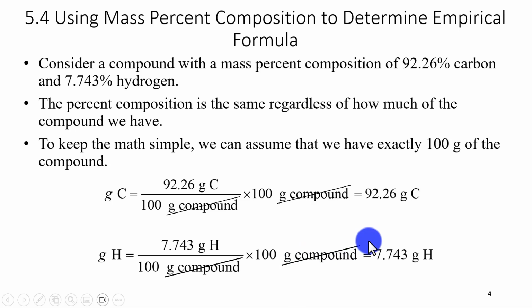So they cancel out, leaving me with 7.743 grams of hydrogen. So once again, if you assume 100 grams of the compound, then all you have to do is say, oh, I have 92.26 grams of carbon and 7.743 grams of hydrogen. And if you do the sum of these two, that gives you 100 grams of the compound, and you're good to go.